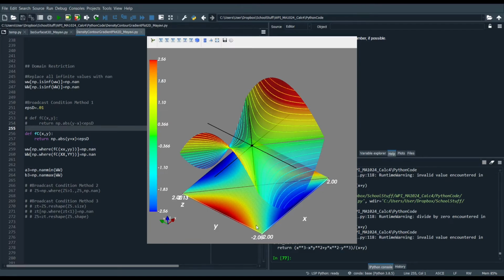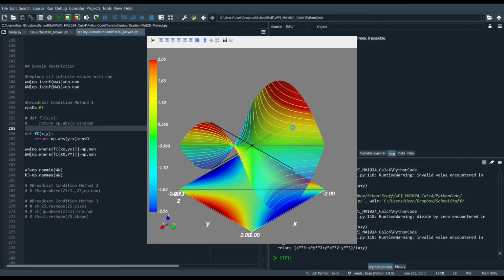But this is a hyperbolic paraboloid that's all the points y equals negative x are not included in the domain. And the function itself is more complicated. It's this cubic polynomial divided by this linear polynomial.